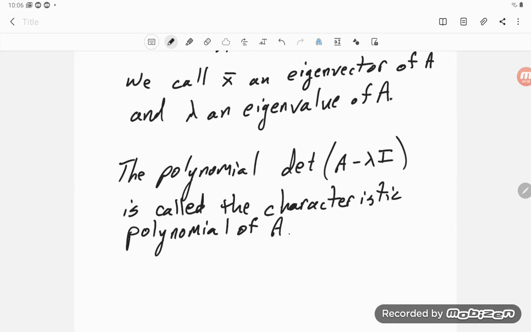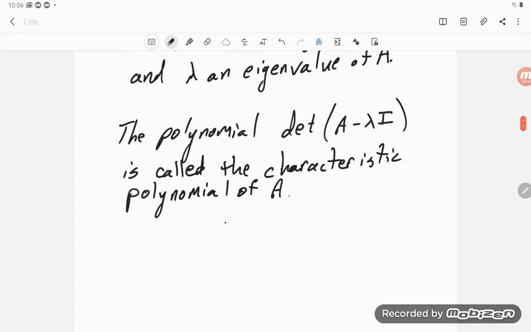And the text says it's often denoted as CH sub A of lambda.